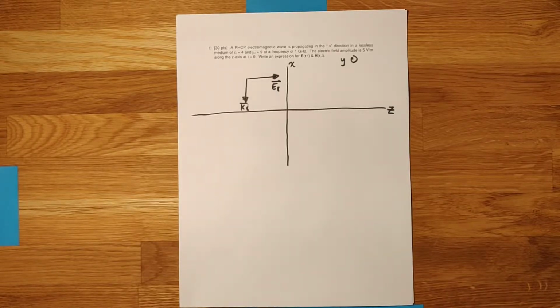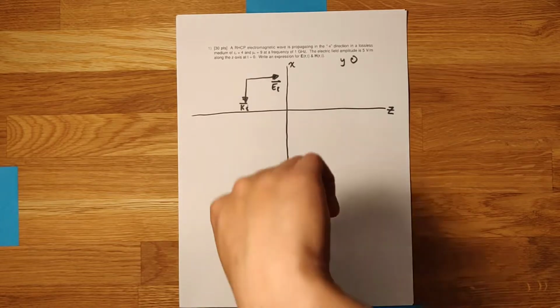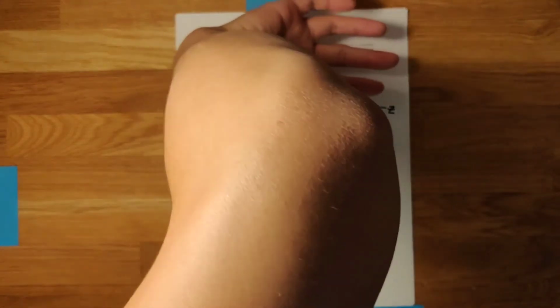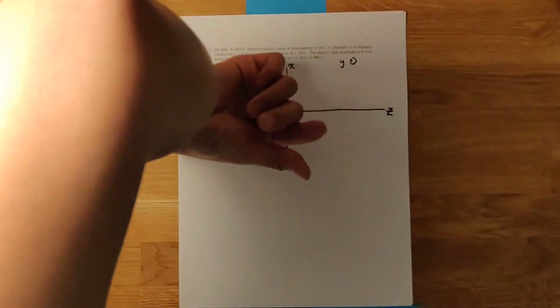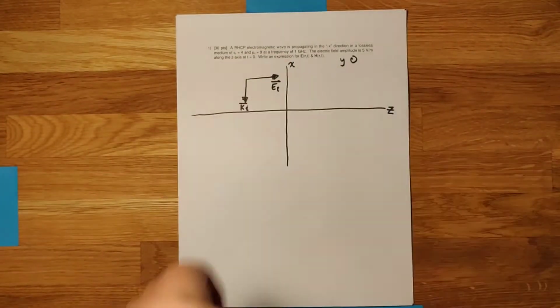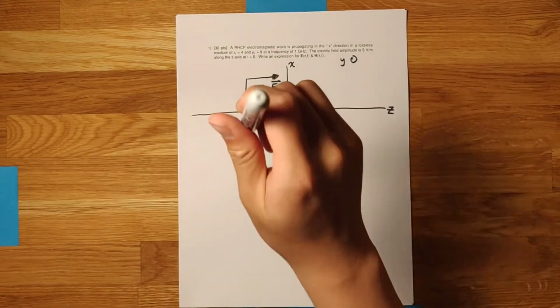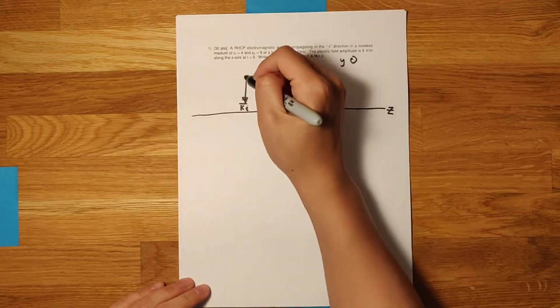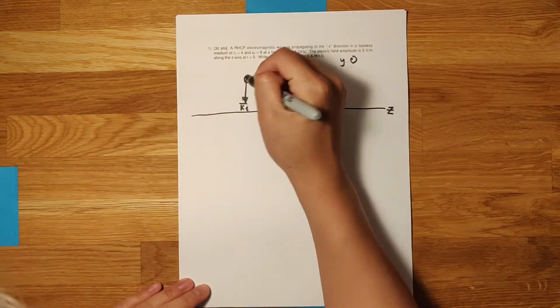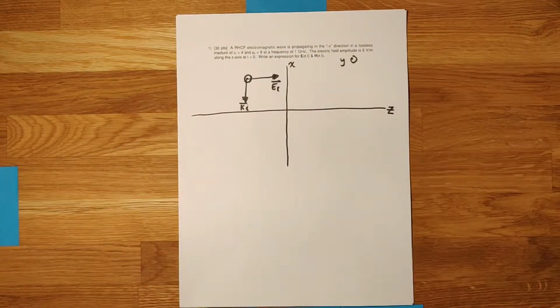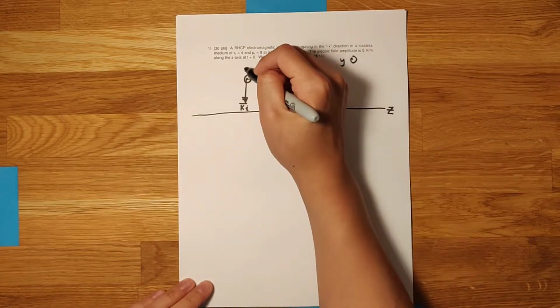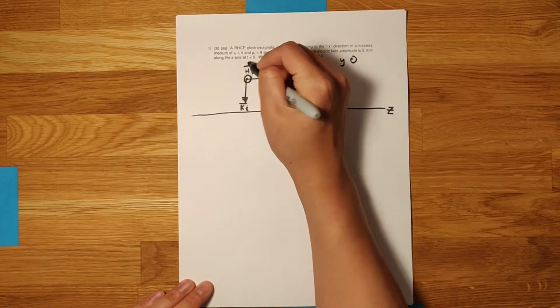Well, we're going to choose right hand rule. Pointing my thumb in k and my fingers on E, my fingers curl out of the page. So, that means it's coming out of the paper. And this will represent our H incident.